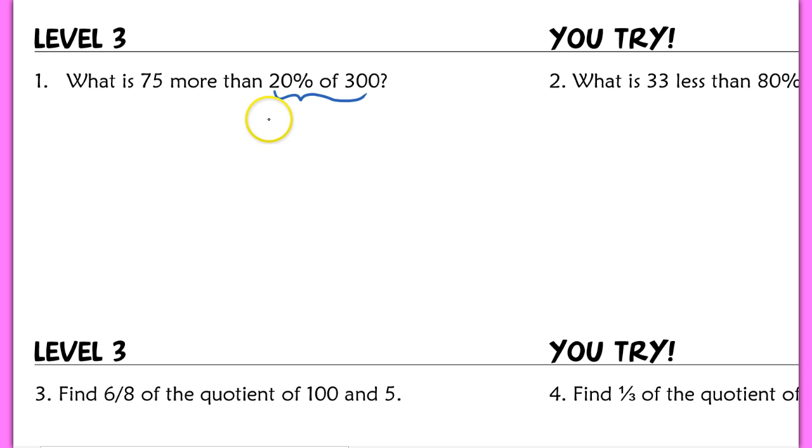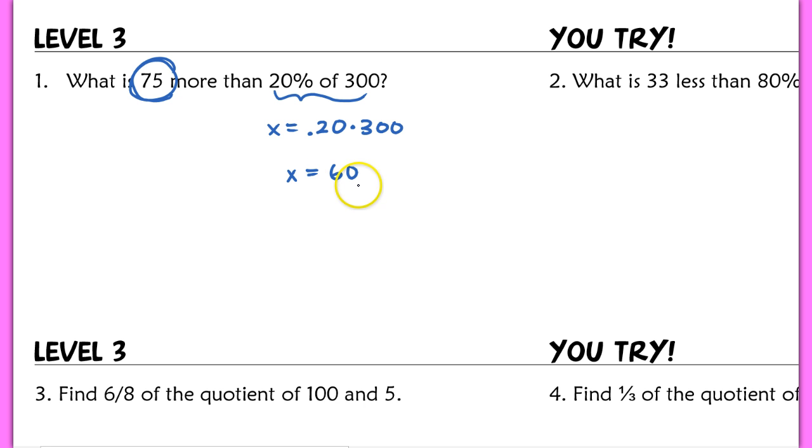So remember, we're going to just put it right into an equation. What means x, is means equals, 20% is going to be written as 0.20, of means to multiply, and then 300. So we get the number 0.2 times 300, and when we calculate that, we get 60. So we have x equaling 60. Now, I want to know, though, what is 75 more than this number?